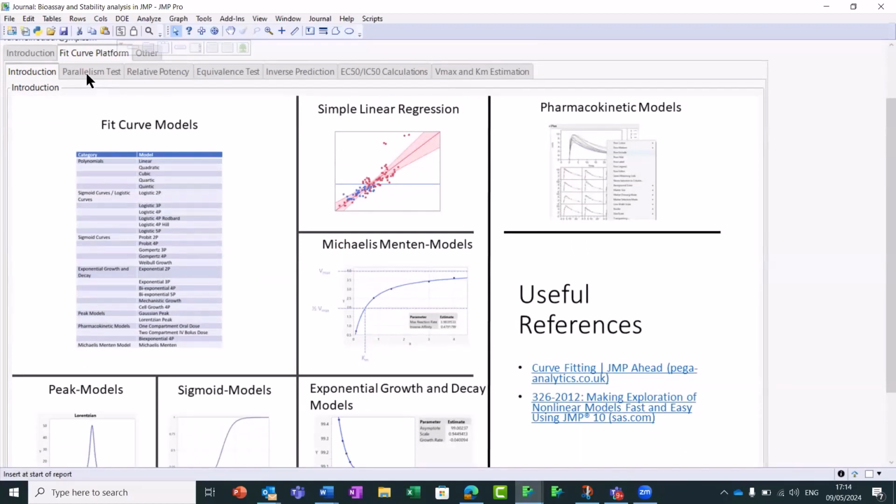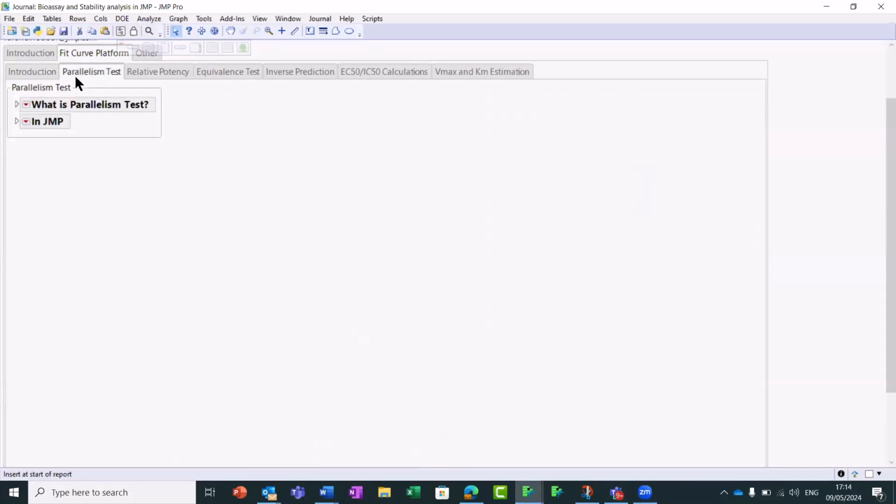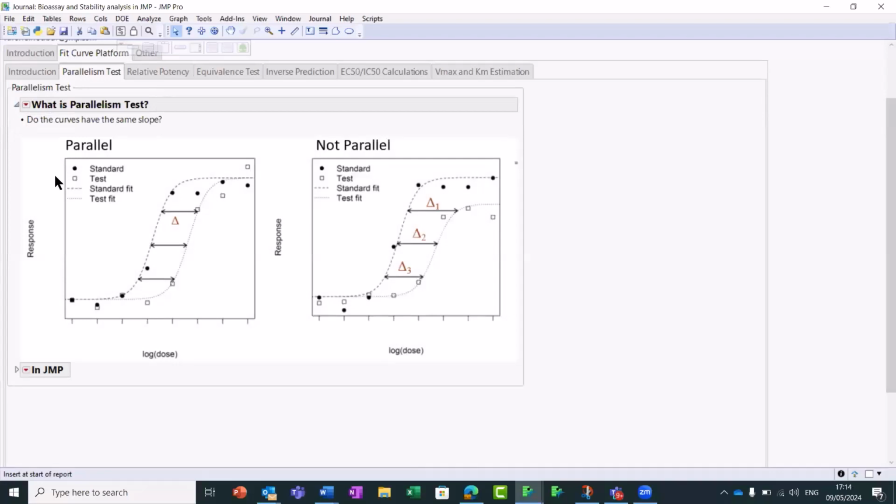So the parallelism test, as I said in my introduction, is the first type of test that needs to be done in order to find out if the curves have the same slope. For example, if you have different formulations that you want to test and compare, the first thing that you need to check is if the curves behave similarly, or in parallel.